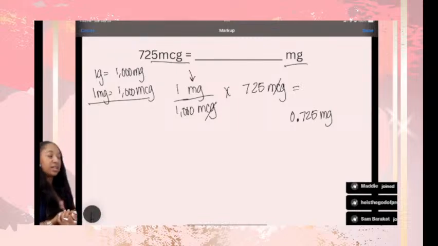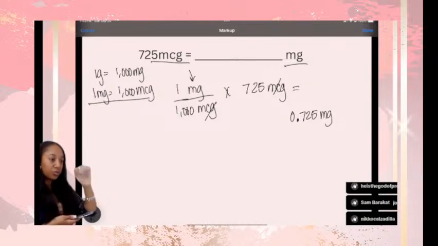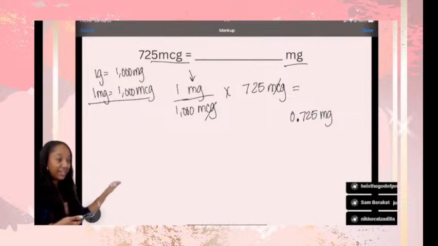milligrams. Now, some people like the trick with little, large, left, might to slight, right, where you move your decimal 3 spaces, depending on if you're going from a larger unit to a smaller unit. So that's might to slight, right. So you move it 3 decimal spaces to the right. And if you're going from a smaller unit to a larger unit, it's little, large, left.